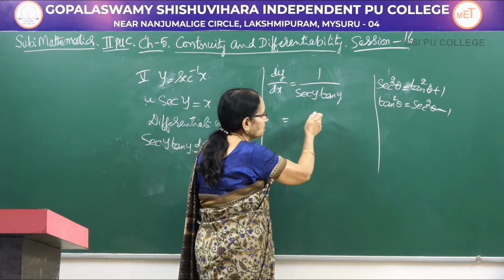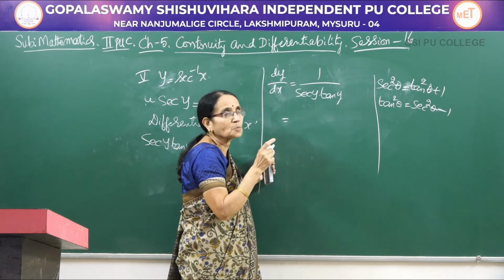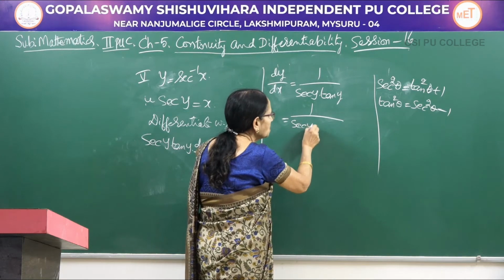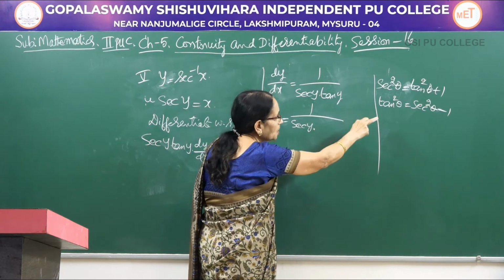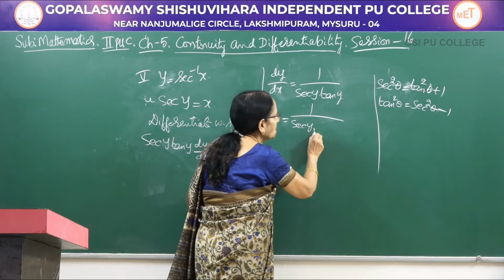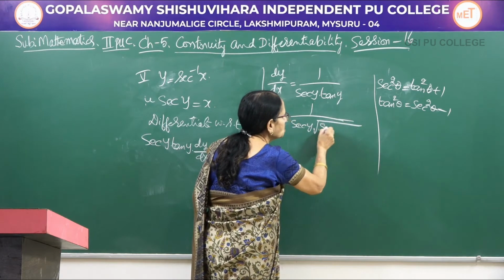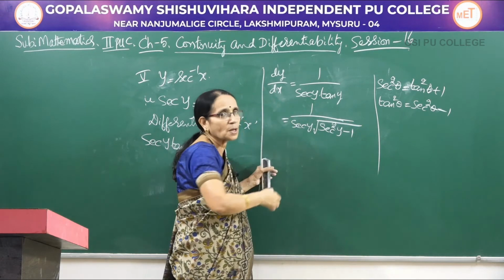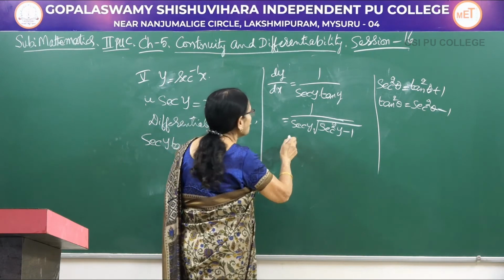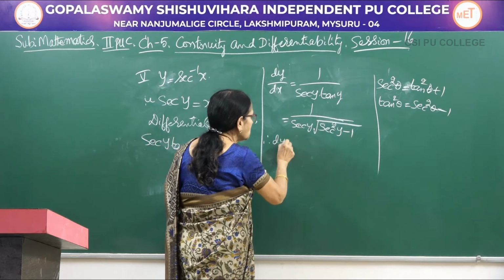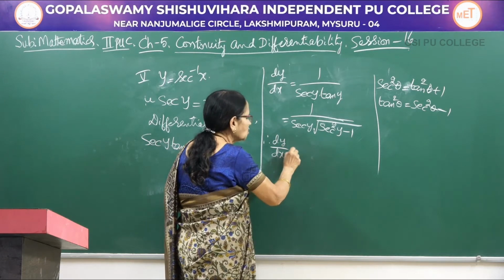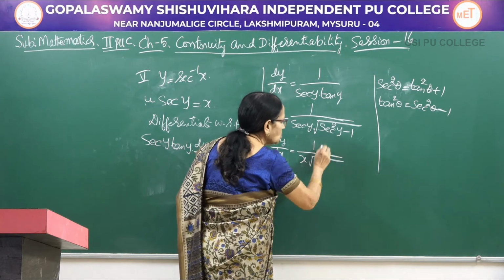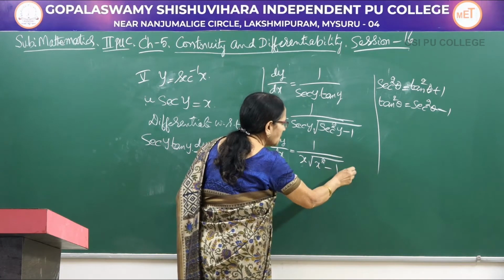So let me write first tan y also in terms of secant y, then you can write the result here. So it is 1 by secant y into tan y, which is the root of secant square y minus 1. Theta will be replaced by y. Now secant y is x, means you can write the result here, dy by dx would be 1 divided by x into root of x square minus 1.